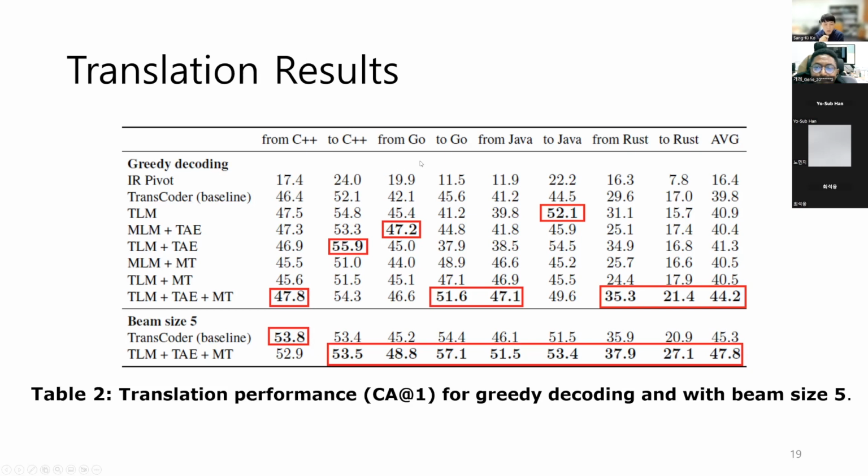Okay, so the name of the proposed model in this paper is TransCoder-IR, right? Yeah. So the only difference from that baseline is the added objective functions, right? Yeah. And TransCoder only uses MLM as the objective function to train the model. Yeah, in the baseline model, we use only the code sequence.